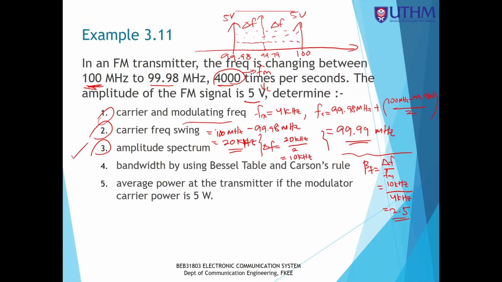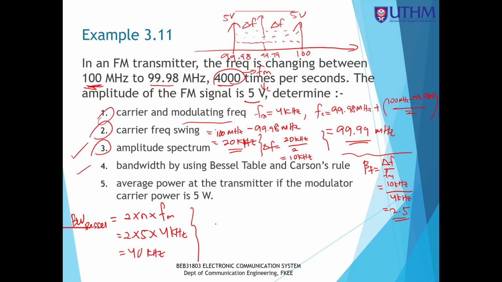Okay, and then bandwidth. The question asks to find the bandwidth using Bessel and Carson's rule. So bandwidth by Bessel is equal to 2 times n times Fm. So this is 2 times 5 times 4 kilohertz, so this is 40 kilohertz.